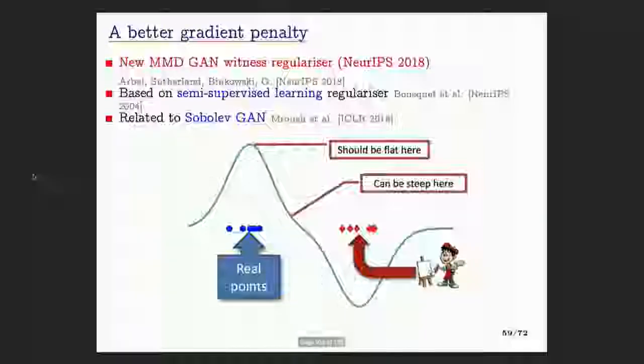The other question is, I'm requiring that my function should be flat around the support of my real points, but I haven't enforced anything on my fake points. The reason is that I don't want my functions to be invariant to the crazy stuff that my generator might be doing. My generator is generating a set of points, and I might say, well, why don't I make my function flat across the variability of my generator?